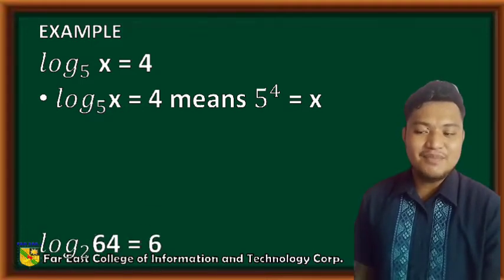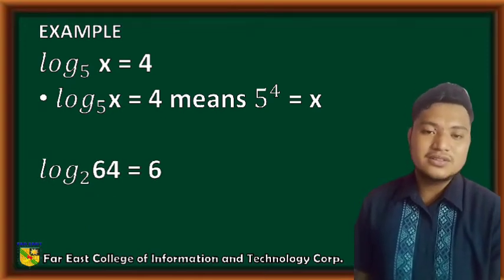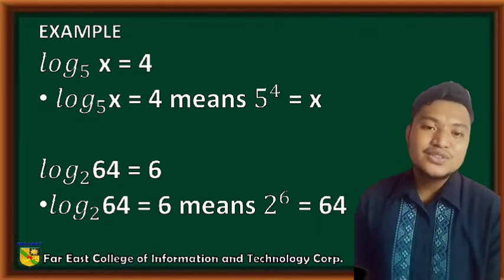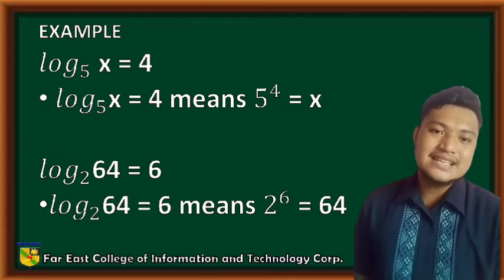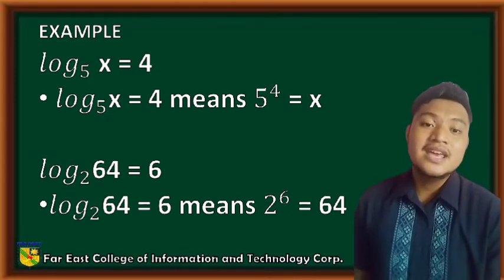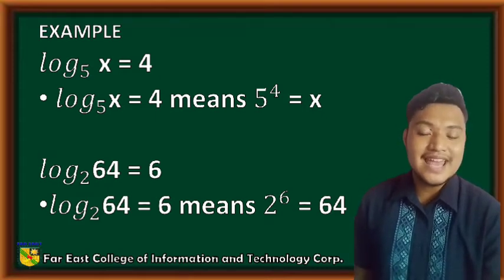Another example. Log base 2 of 64 is equal to 6. So, log base 2 of 64 is equal to 6 means 2 to the 6th is equal to 64. So, the base, ano yung base natin? 2.